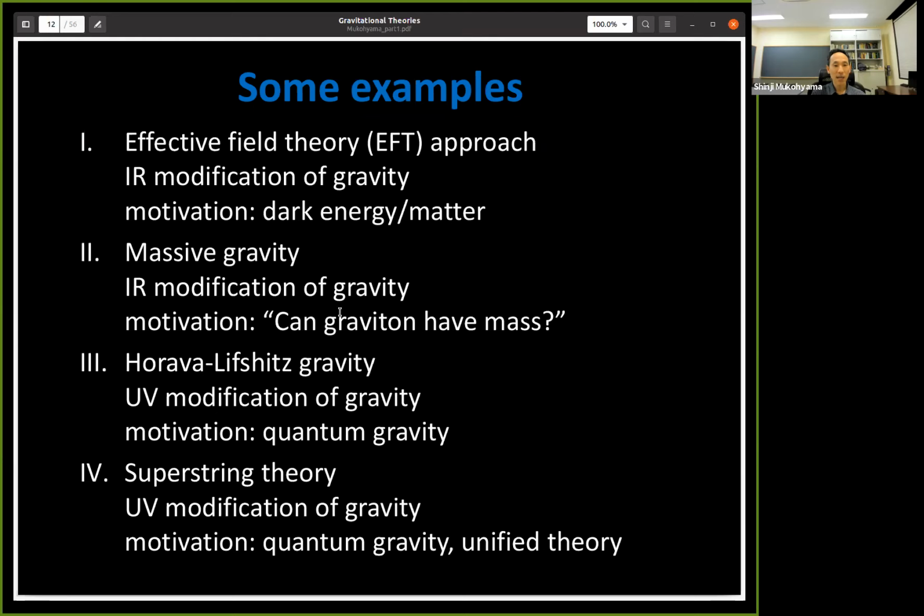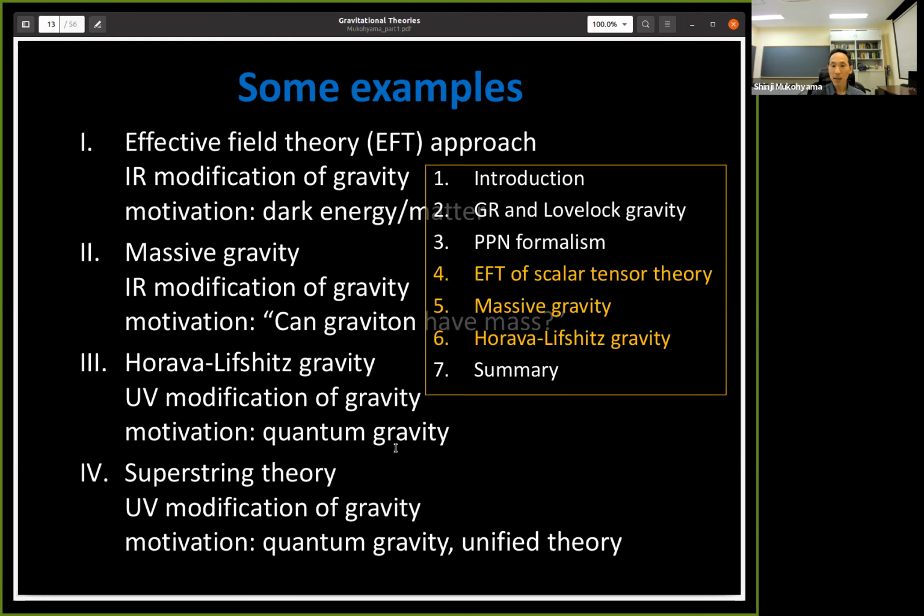But nowadays, this may be considered as a source of dark energy, maybe, or dark matter. And also I'll talk about Hořava-Lifshitz gravity. This is a UV modification of gravity and motivated by quantum gravity. So as I said, I'll cover these 3.